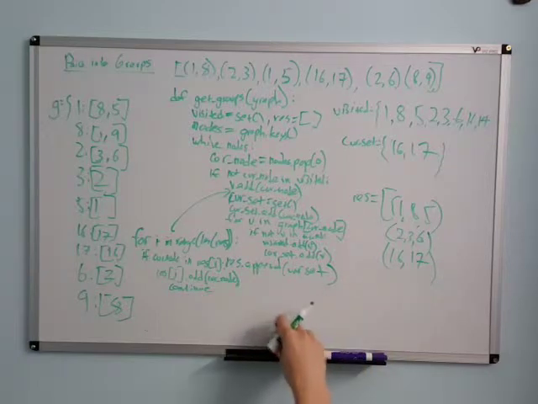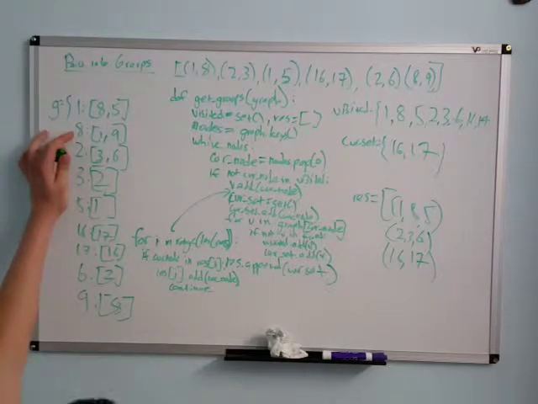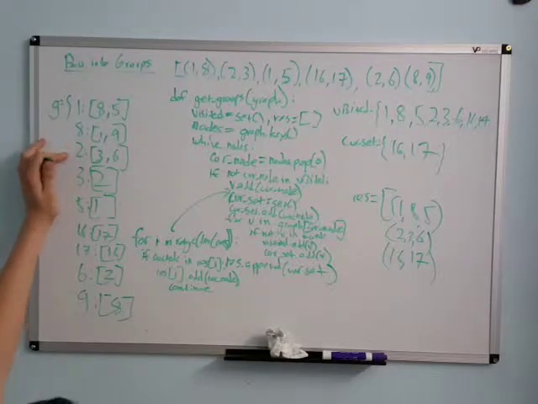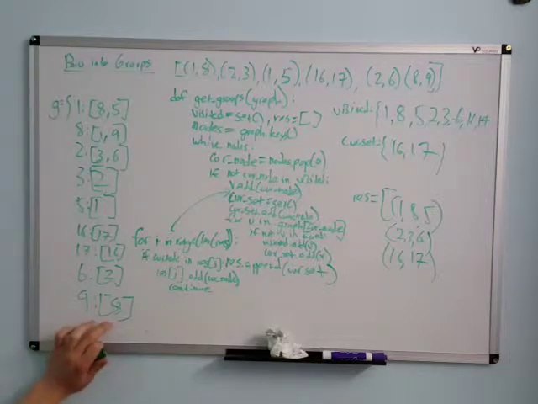What I need to do is check. 8 is not in visited, so we skip. Or 8 isn't visited here, so we skip it. We go all the way down to 9, and we need to check if this 8 isn't visited.